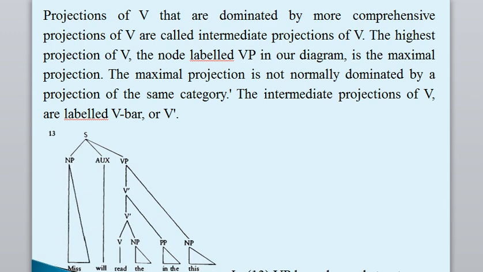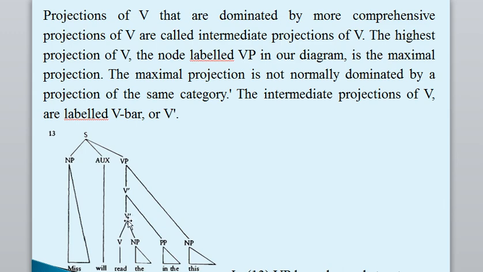First we have the subject, Miss Marple, then the auxiliary will, then the VP. Again, you see here, this is a VP. The VP consists of the head verb, read, which first combines with the complement the letters, and then we have a first layered V1 bar. We call it V1 bar.